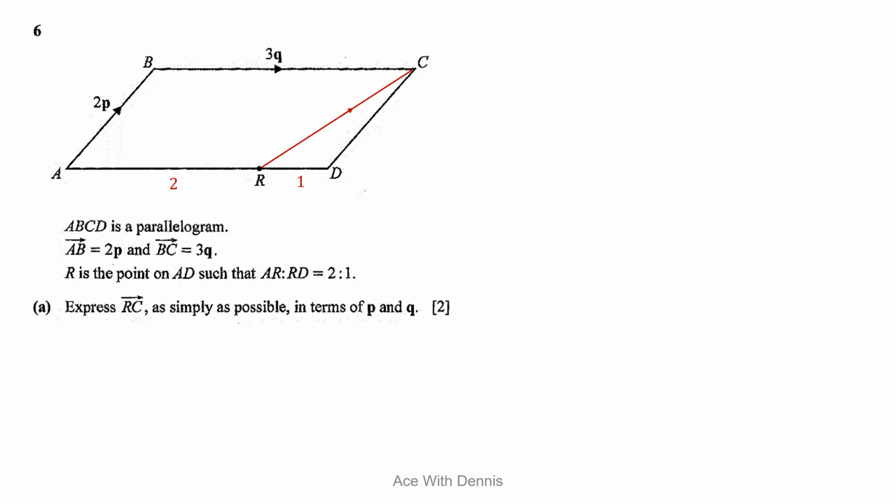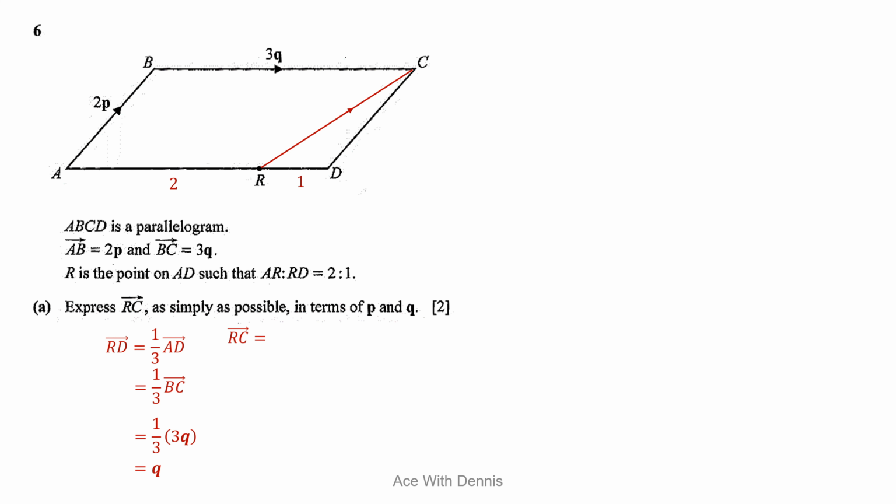Before we find vector RC, we need to find vector RD first. So vector RD will be 1/3 of vector AD. And AD equals BC, hence vector RD is 1/3 vector BC, which is 1/3 times 3Q, and we get vector RD equals Q. Now, I want to find vector RC.